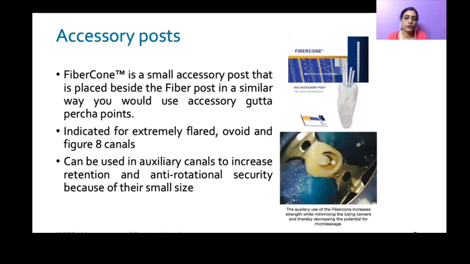Another way of using the fiber cone or the accessory post is when you have extremely flared, ovoid, or figure of 8 canals. In posteriors, when this accessory post is placed in the smaller canal, it can result in increased retention and anti-rotational security to the post and core.